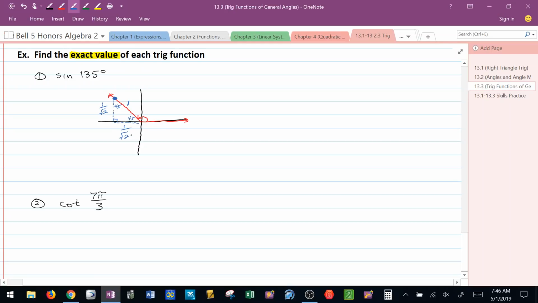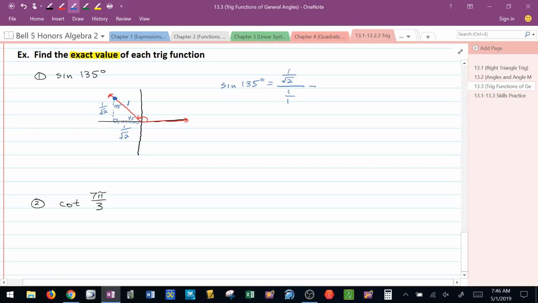All right. So with just that information, I'm now ready to go ahead and find the sine of 135 degrees. I know that the sine refers to the y, 1 over the square root of 2. And I'm going to divide that by the r, which is 1. And because I had a fraction on top, I'm going to write 1 over 1.